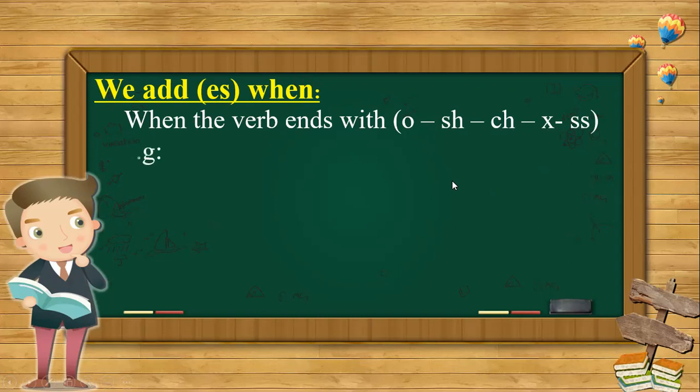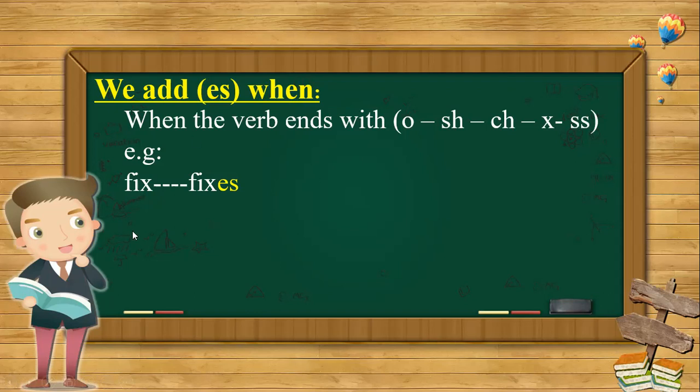Okay, let's see some examples here. We have the verb fix. Fix ends with x. With I, we, they, and you, it will be just fix. I will not add anything.